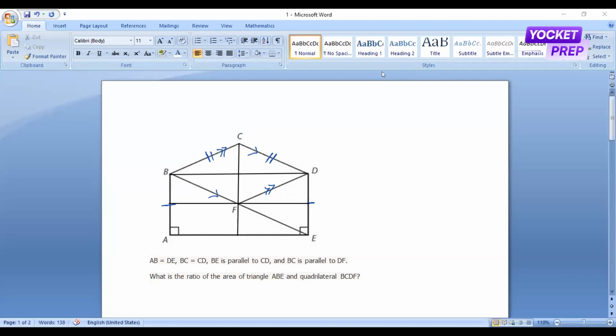Do you realize this? These two areas or triangles are equal in area. It's very clear. In fact, all these four are equal in area.